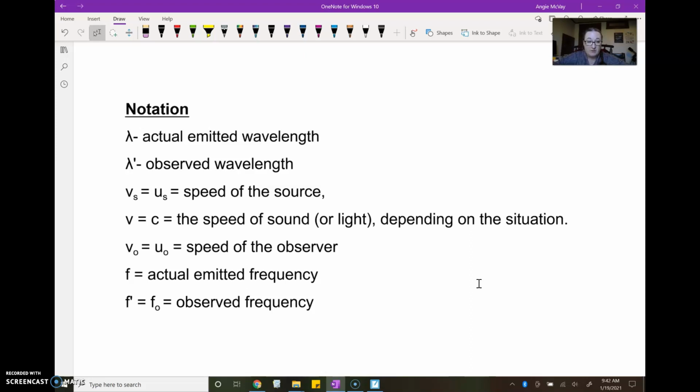Okay, so our notation: lambda is the actual emitted wavelength. Lambda prime is the wavelength that is observed by the observer. V sub s is the speed of the source. In your data booklet, it's abbreviated as u sub s.